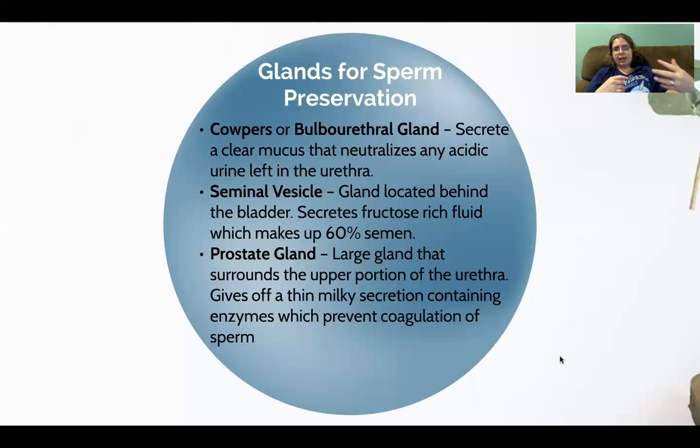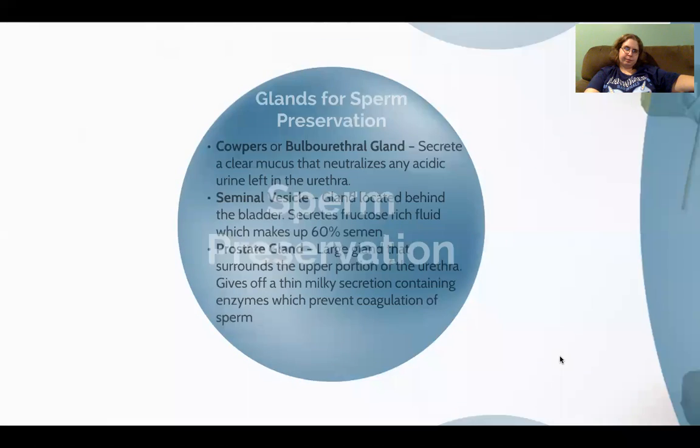And this enzyme that the prostate gland gives off is going to prevent that. So if the sperm aren't all stuck together, they can swim more easily, and thus have a better chance of getting to the uterus, up into the fallopian tubes, and fertilizing an egg.